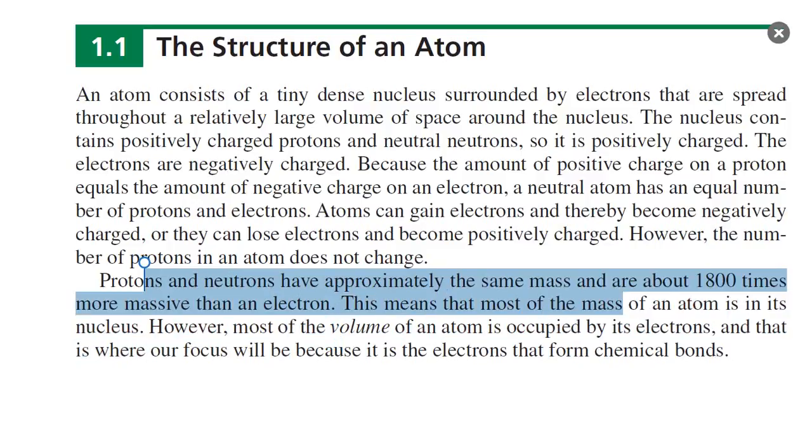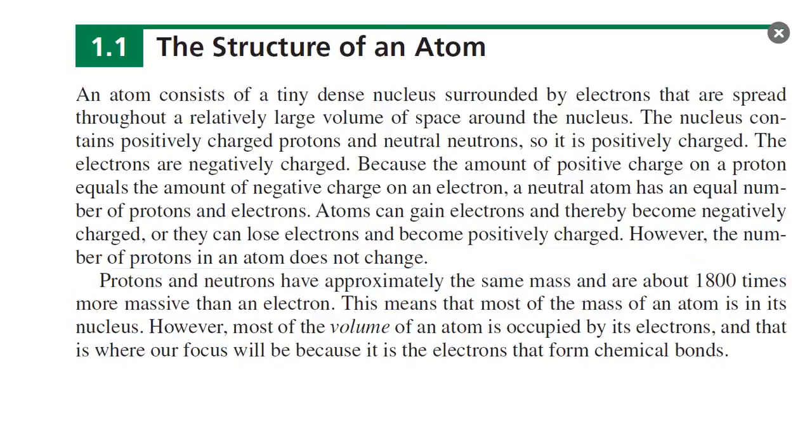This means most of the mass of an atom is in its nucleus. We said tiny nucleus, right? They are tiny, but they are heavy as well, 800 times heavy, and in a tiny space are the protons and neutrons, sorry.